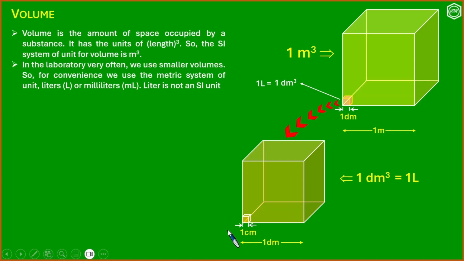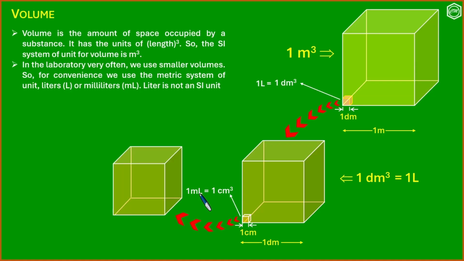Therefore, the volume of this cube will be 1 centimeter cube and 1 centimeter cube is 1 milliliter or ml. Again, expand this small cube. So this is 1 centimeter. So the volume is 1 centimeter cube, that is 1 ml. 1 ml is much less compared to 1 liter.